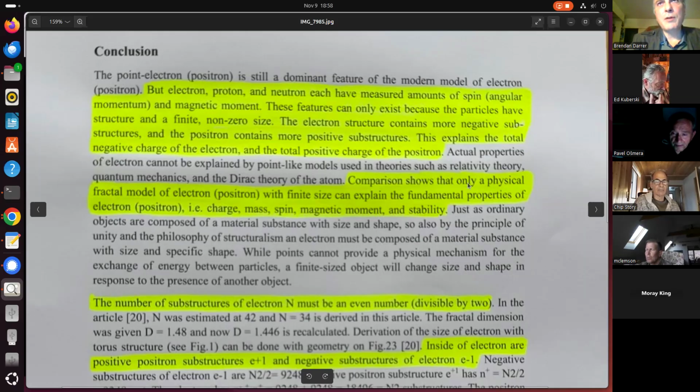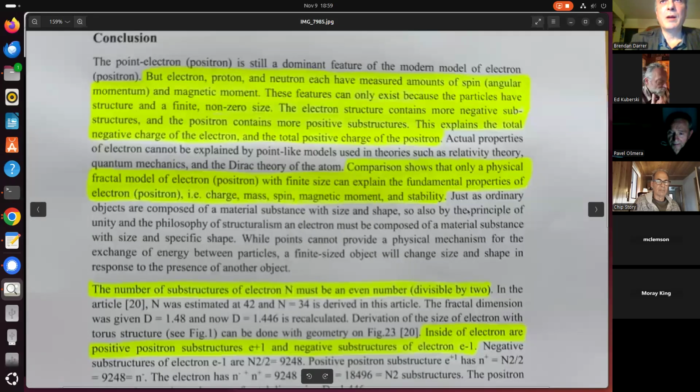Comparison shows that only a physical fractal model of the electron-positron with finite size can explain the fundamental properties of the electron-positron, i.e. charge, mass, spin, magnetic moment, and stability. That's a very important statement there.